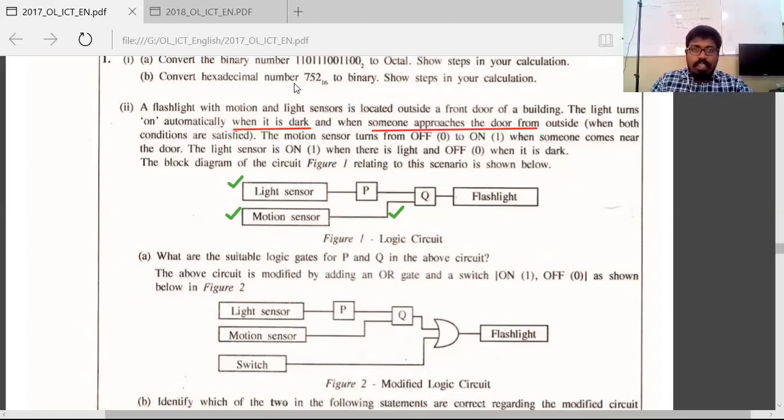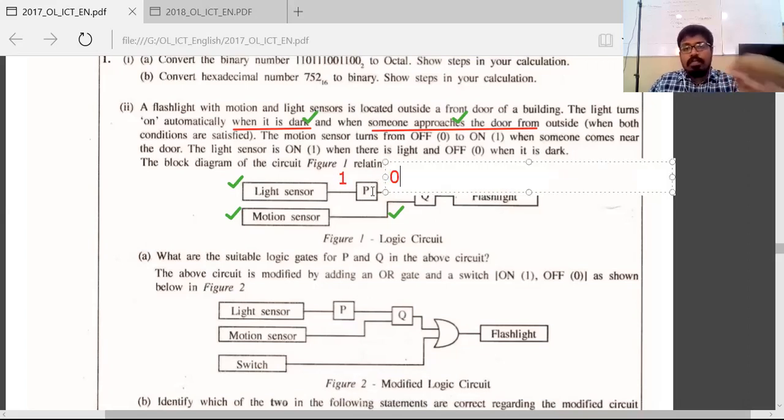That's why we need dark and someone approaching the door to satisfy the condition, right? So to make the light sensor sense dark, that's why when light is there, it is on. When it is on, the light will not be on. So we have to take NOT here.